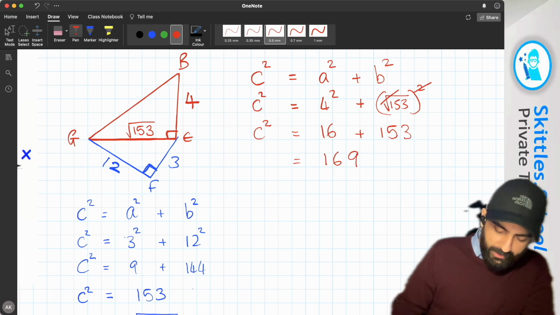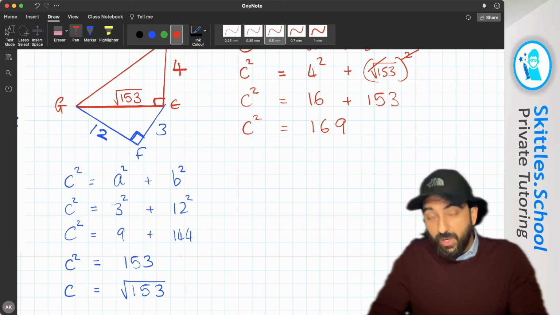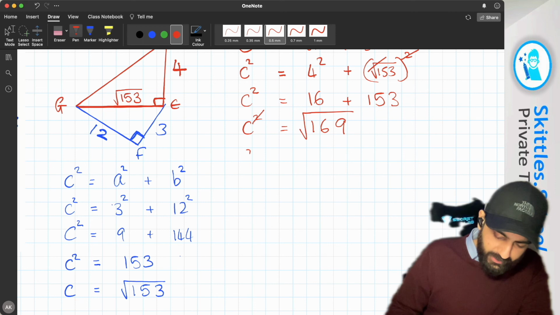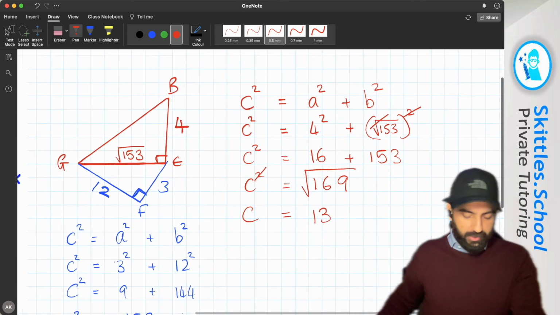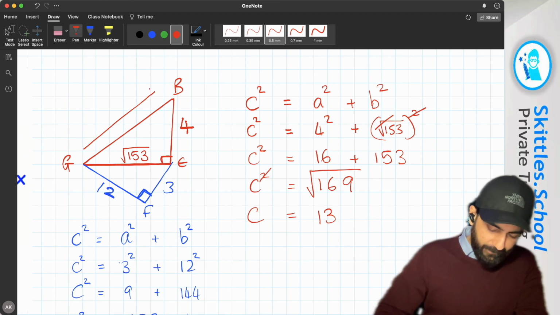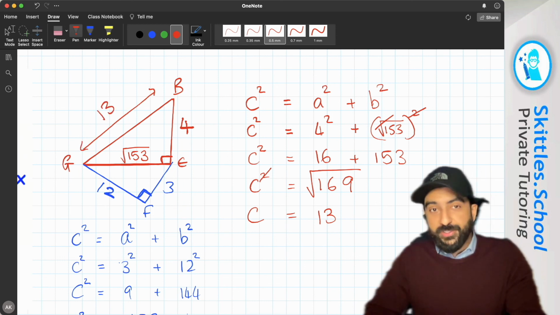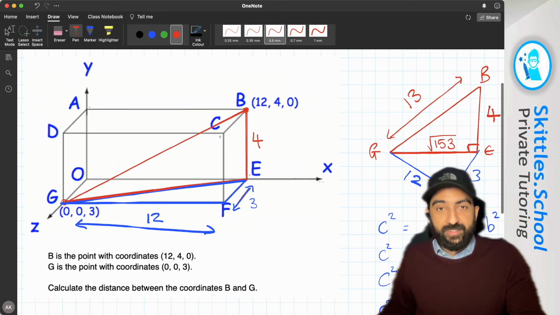And that's still C squared. To work out C, we have to do the square root. So C equals 13. So that's this side here equals 13. And that's the answer to the question. B to G is 13.